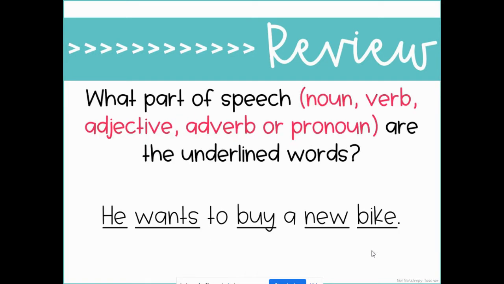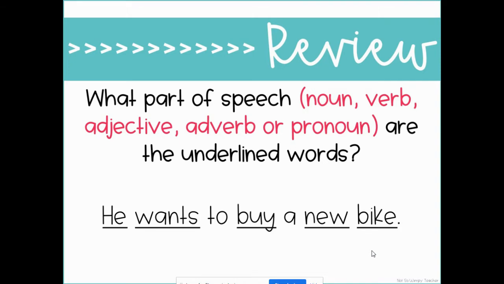All right. What part of speech, noun, verb, adjective, adverb, or pronoun, are the underlined words? He wants to buy a new bike. What I want you to do is turn the page right behind irregular plural nouns, and we're going to write this sentence down.